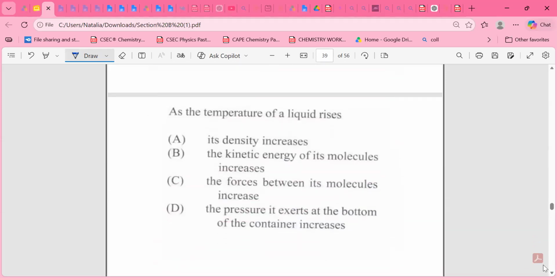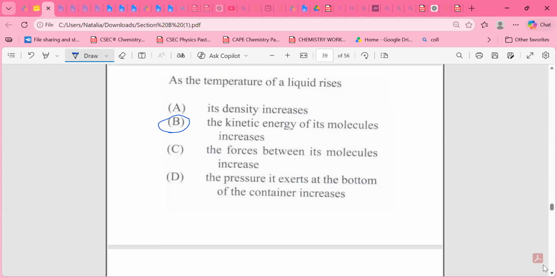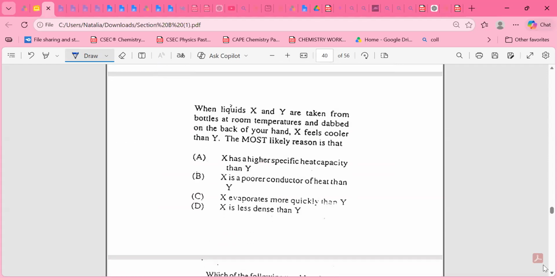As the temperature of a gas rises, what's happening? Density decreases. The answer is B. Liquids X and Y are taken from bottles at room temperature and dabbed on the back of your hand.